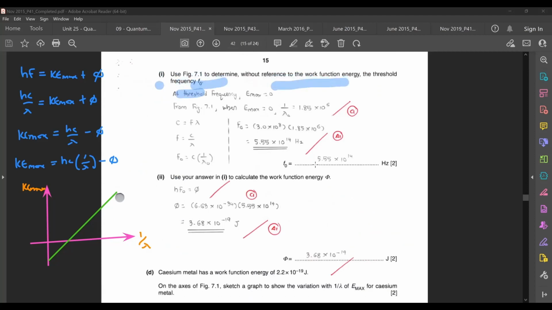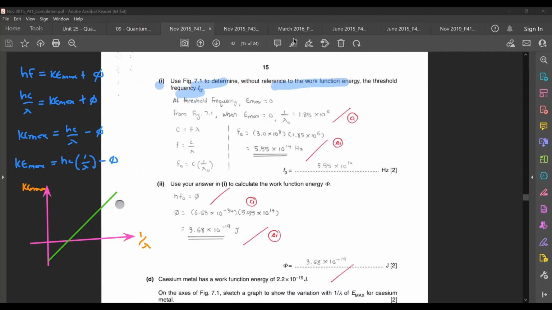So here, they want you to find out the work function energy. They ask you to find out the threshold frequency without referring to the work function energy. So how are you going to find that out? What you do know is that this part here must be 1 over lambda naught, whereas this part here must be negative work function.